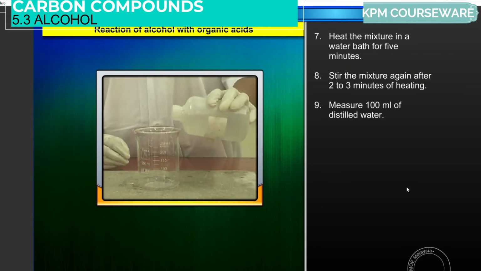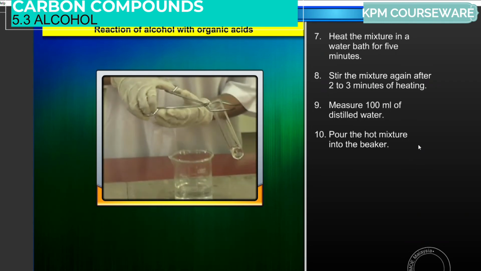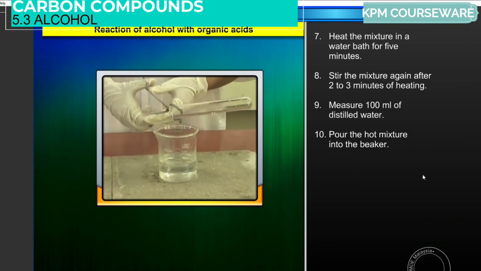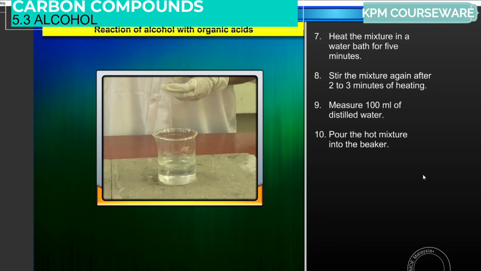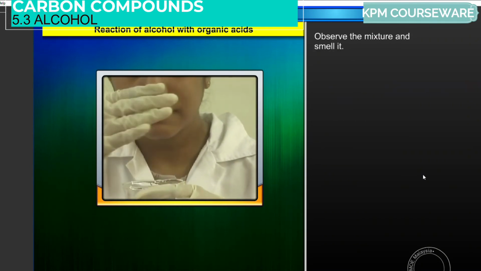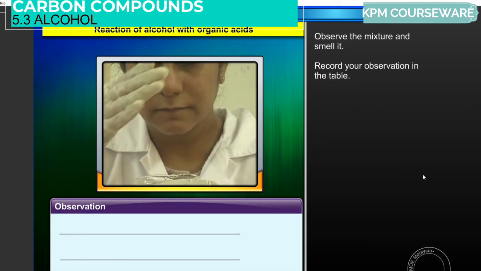Measure 100 milliliters of distilled water. Pour the hot mixture into the beaker. Observe the mixture and smell it. Record your observation in the table. Click Check Answer to compare your answers.